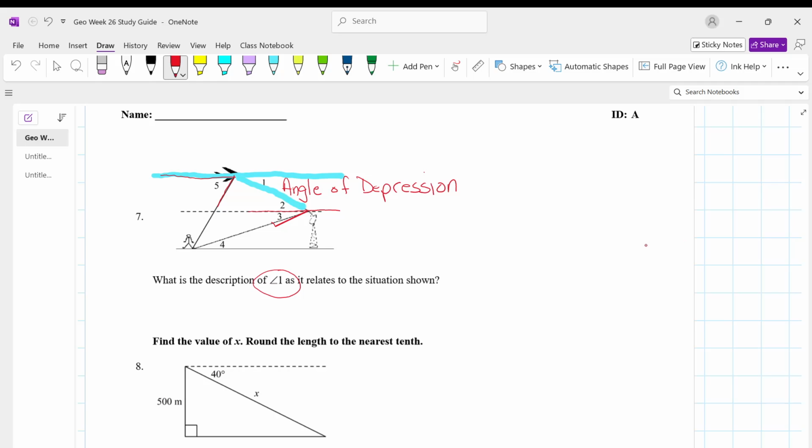All right? Formed by a horizontal and line of sight looking down.